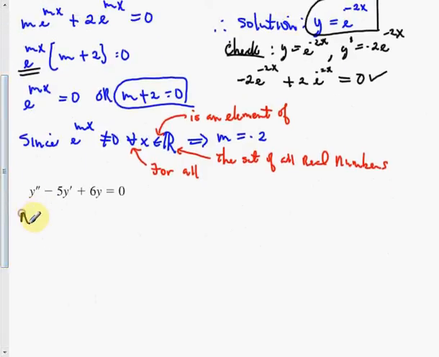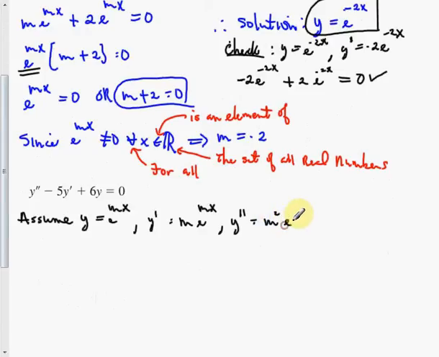So here, assume that y is of this type, e to the mx. Here I have two derivatives, so y prime is equal to m times e to the mx, and y double prime is equal to m times m, or m squared, times e to the mx.